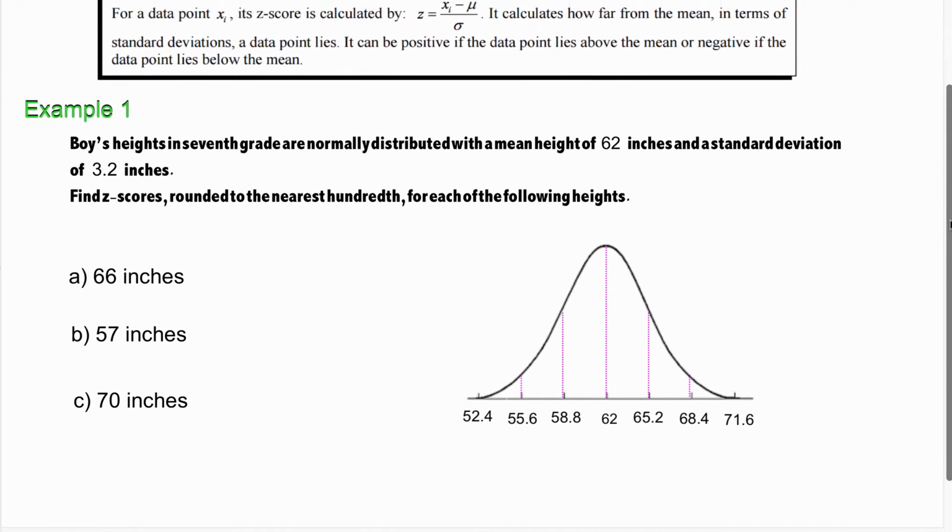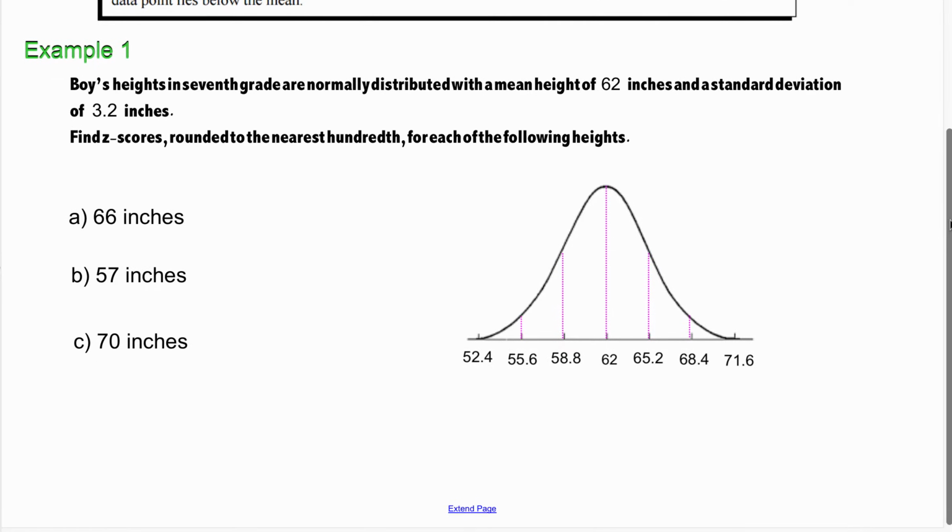So let's look down here at an example. We went out to the 7th grade and we surveyed the boys' heights. And again, here's that key phrase that we always look for. We found that the heights are normally distributed, which means they make a bell curve. Awesome. We have a mean height of 62 inches and a standard deviation of 3.2.